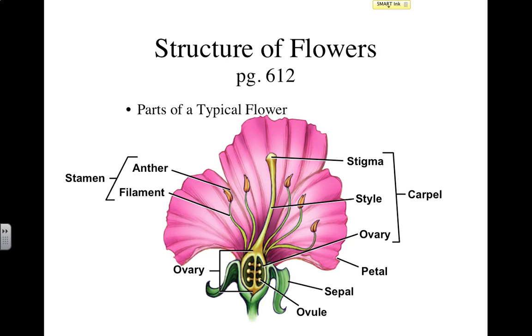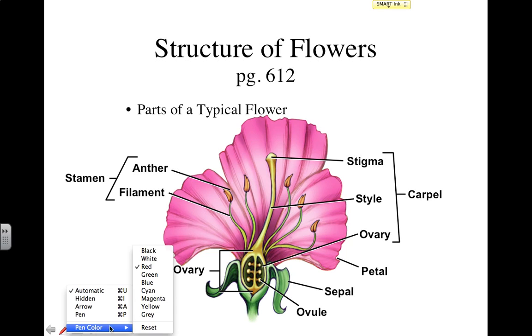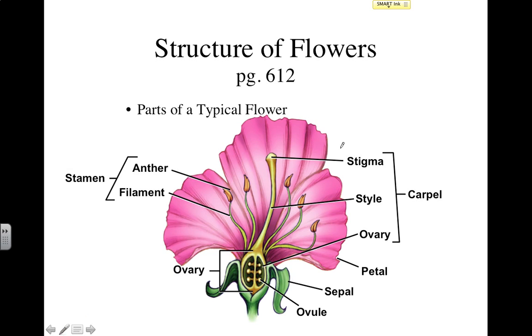The female part of a flower is called either a carpel or pistil, and it's made of three parts. You have the stigma. I'll kind of outline these a little briefly. You've got the stigma, which is the top. That's what the pollen sticks to from a pollinator. You've got the style, which leads down to the ovary.